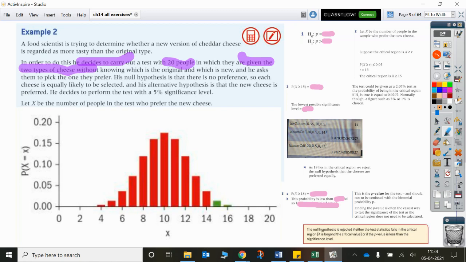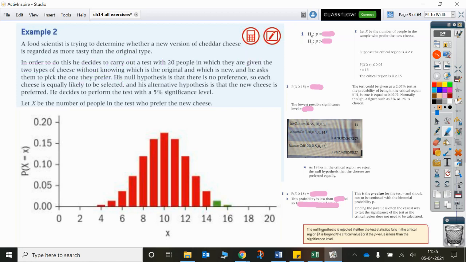His null hypothesis is that there is no preference. So each cheese is equally likely to be selected. And his alternative hypothesis, so his other idea, is that in fact the new cheese is preferred. He decides to perform the test with 5% significance, or with a 5% significance level.